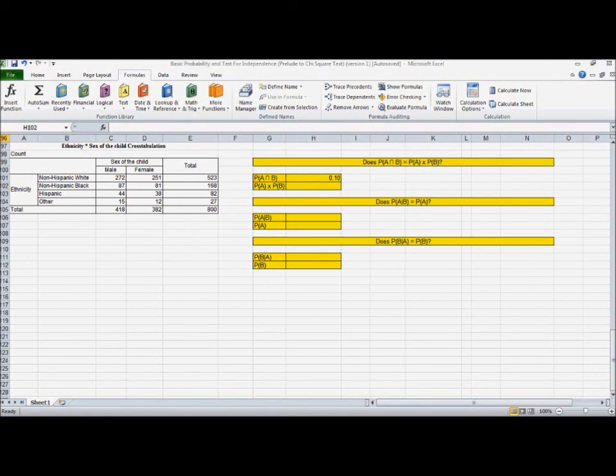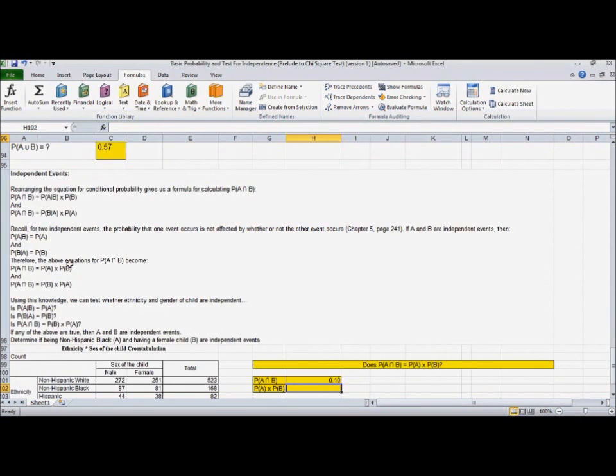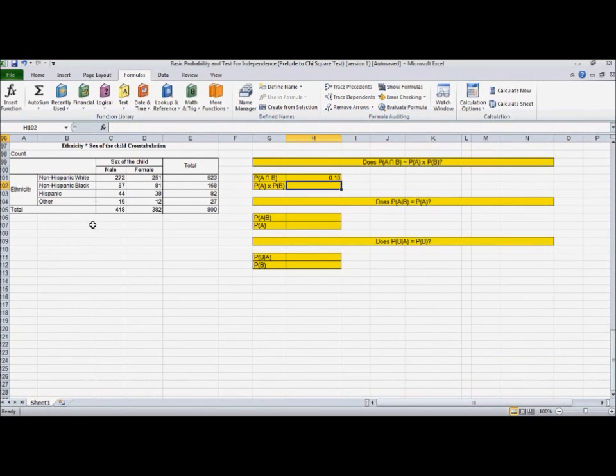So now how do we calculate A times B? Remember, probability of A. If we're saying A is the probability of being non-Hispanic black, irrespective of gender, we were looking at our marginal totals when we were calculating probabilities like that, right? So the probability of non-Hispanic black is 168 over 800.